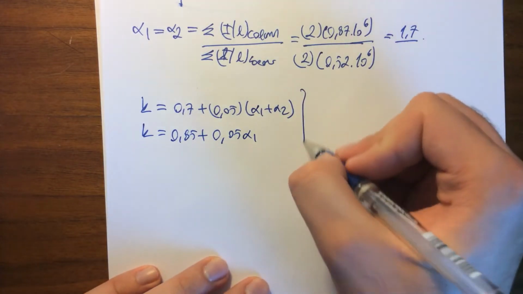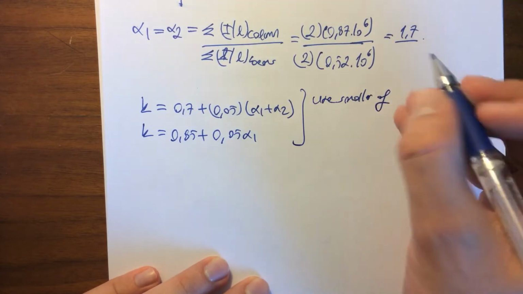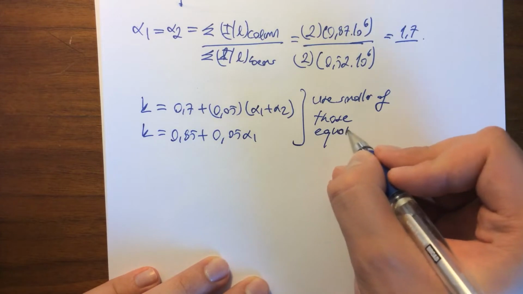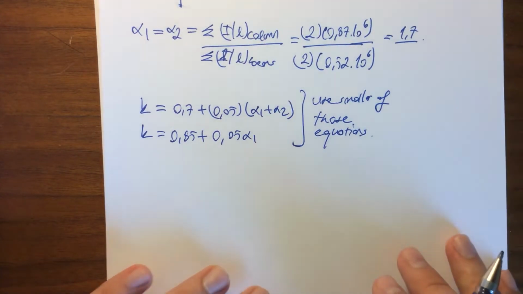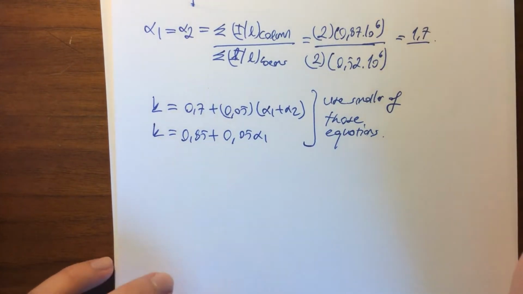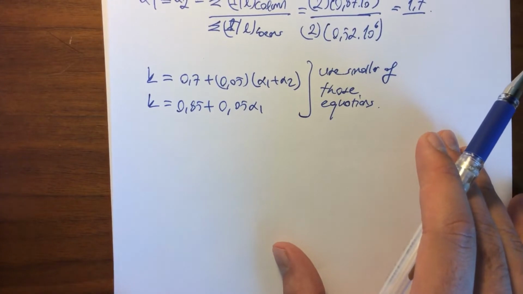We use the smaller of those equations, okay? So we know our alpha 1 is equal to alpha 2 and is equal to 1.7. So let's plug those into the equation we have provided above.